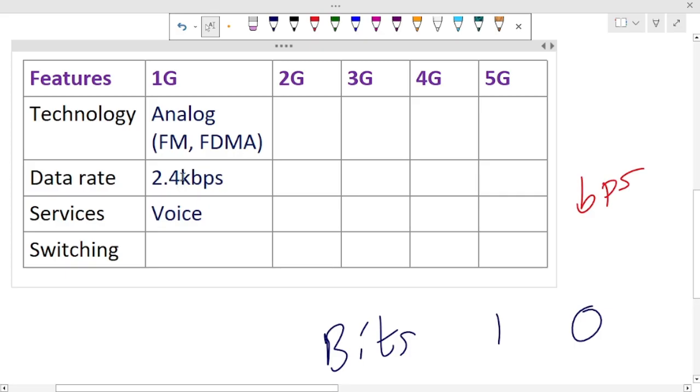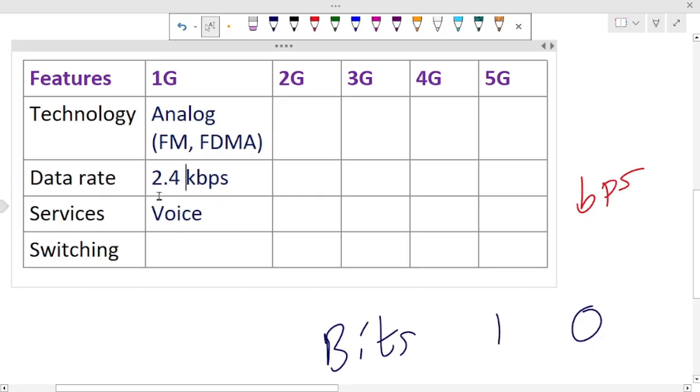This is what they used, saying that this voice analog signal is equivalent to 2.4 kilobits per second in digital. It's the value they came up with, a close value to use since this one is analog, not digital. So the close digital equivalent of the analog voice signal is this one. That's what they came up with in the first generation.